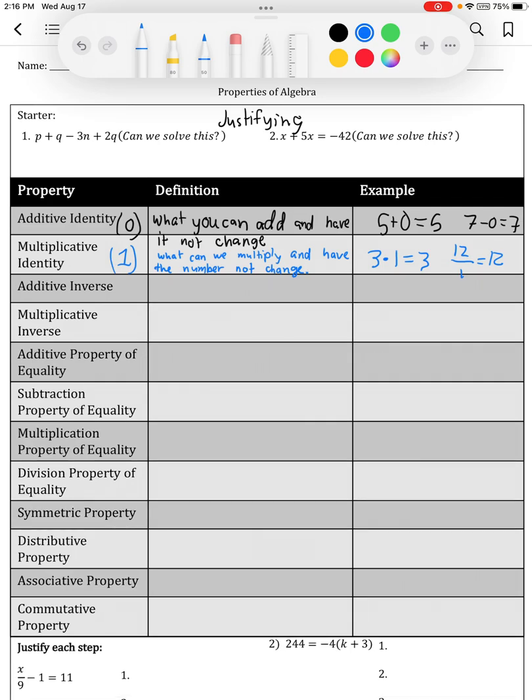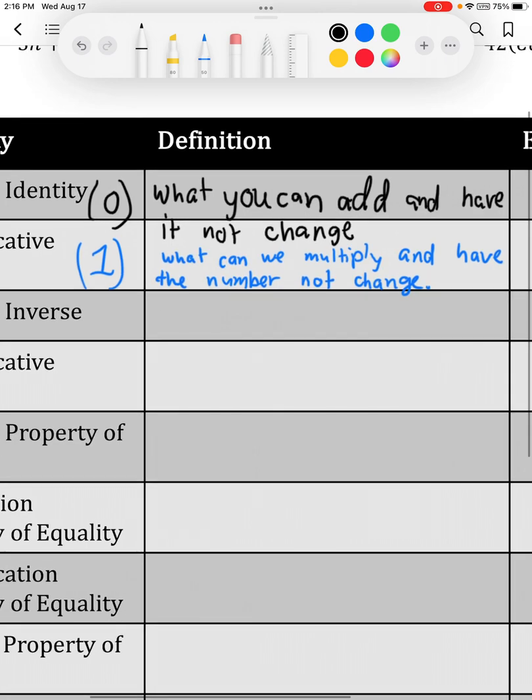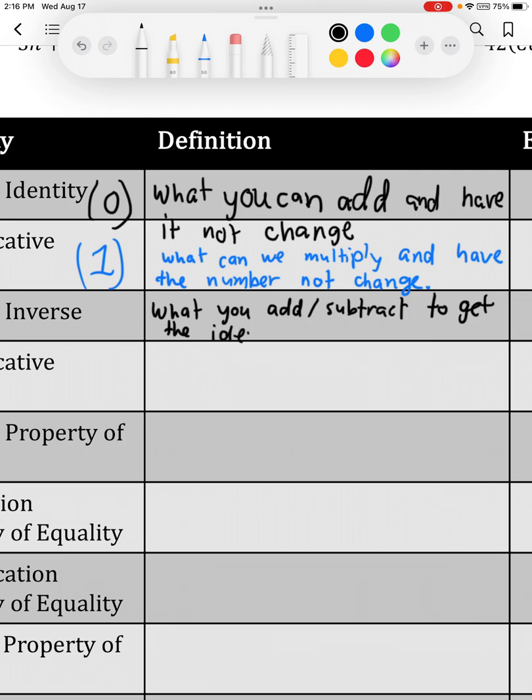Let's go ahead and keep going. Let's talk about the additive inverse. The additive inverse is what you add or subtract to get the identity.